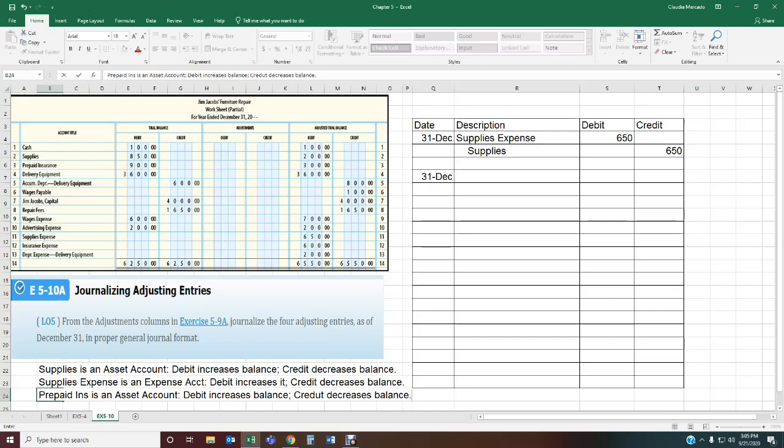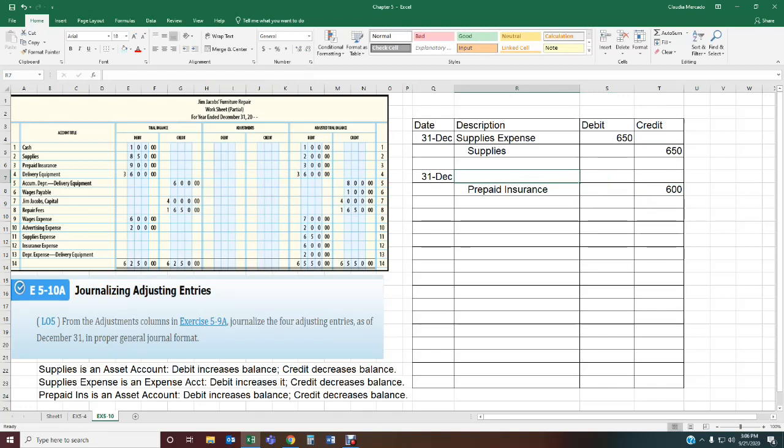We went from 900 to 300. So because my prepaid insurance decreased, and I misspelled credit here, guys, I'm going to credit the account. And that was 900 minus 300. That means that I used up $600 of insurance.